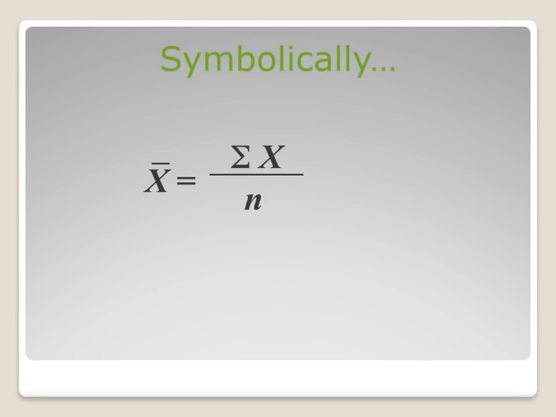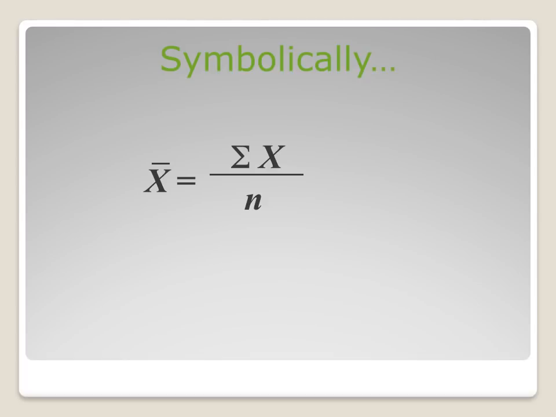The right side of this equation gives us a symbolic representation of what I told you the mean was in words. In terms of that notation, if we look at the numerator, we have a symbol, capital sigma, that is the Greek symbol for sum of. So we're going to sum all the scores.